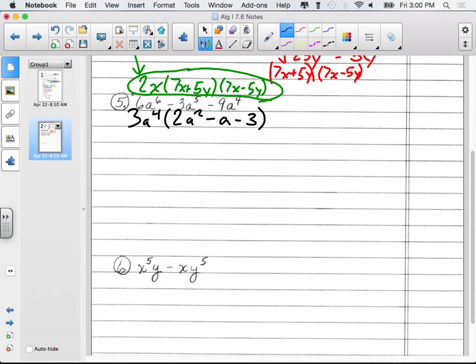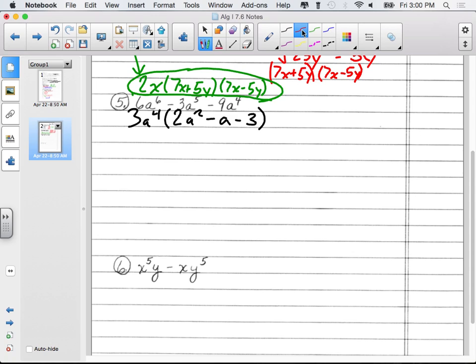So we found the GCF. What kind of polynomial do we get? Trinomial, so we're gonna use what? And what do we always find in trinomials?